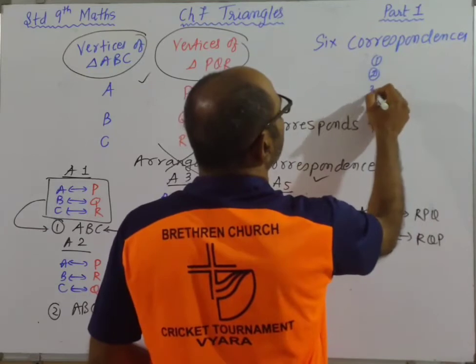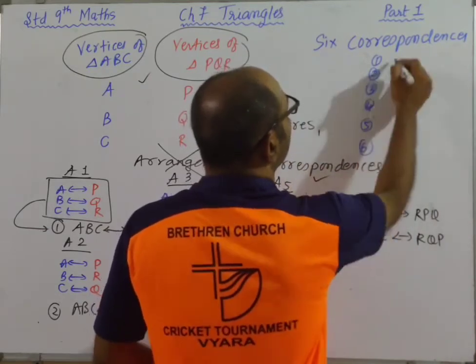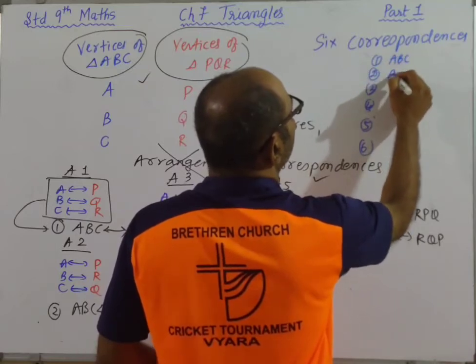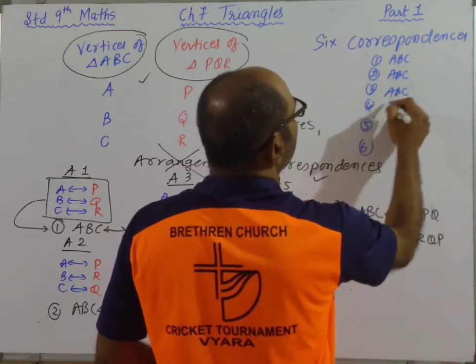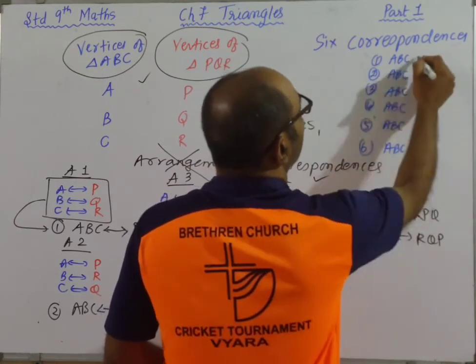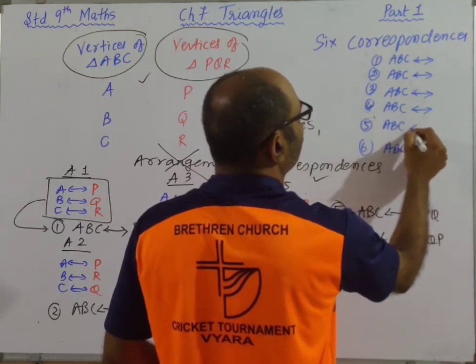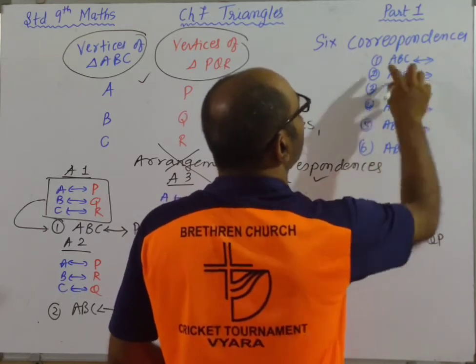First, second, third, fourth, fifth or sixth. ABC, ABC, you may write 6 times. Then put the symbol of corresponds to.